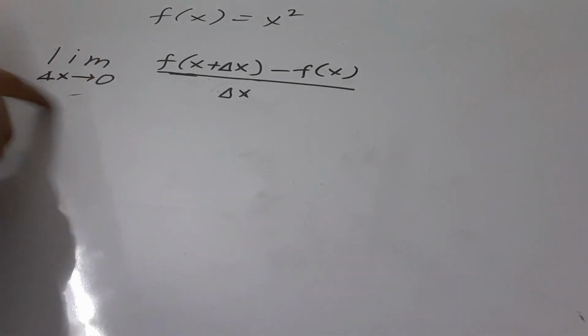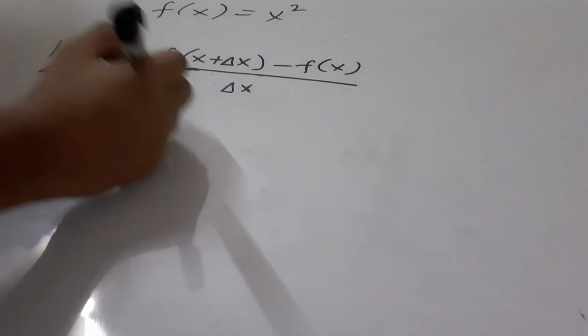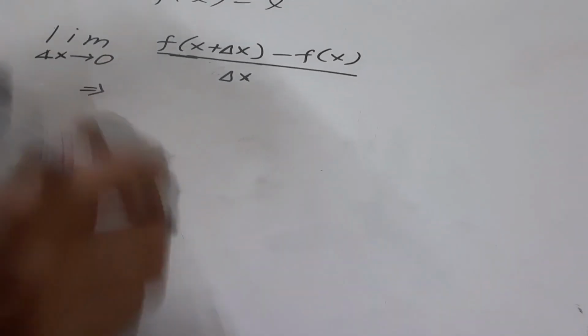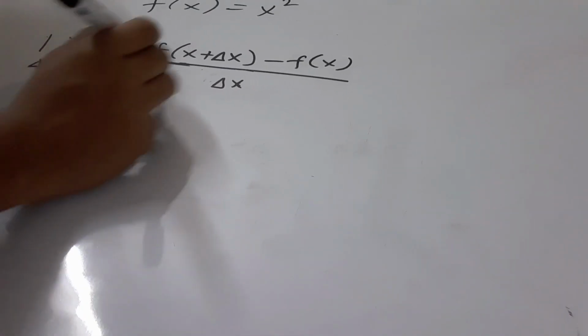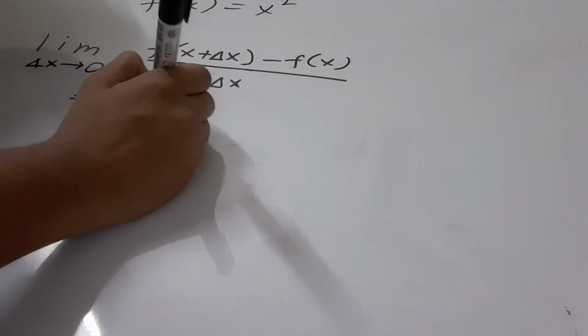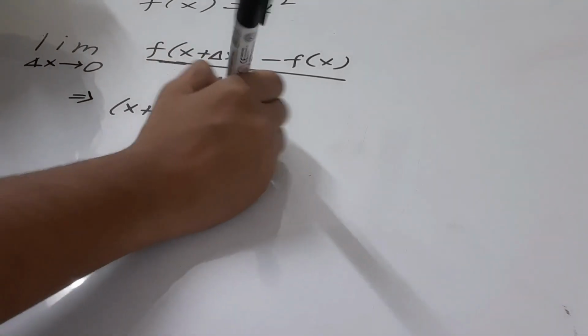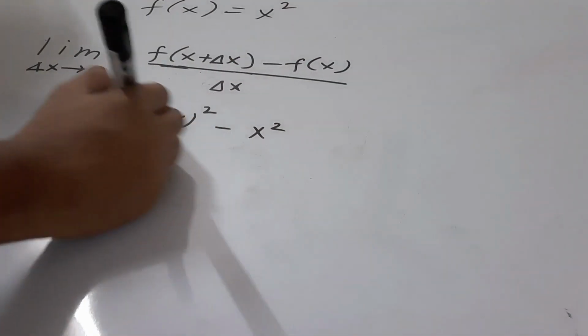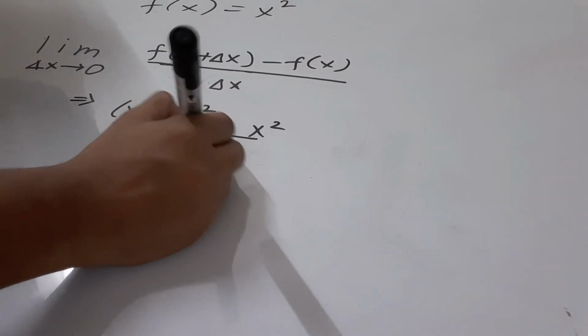Let's see how we can go about this. We know that f of x is equal to x squared. So f of x plus delta x would just be x plus delta x whole squared, minus f of x, which is just x squared, as we talked about here, divided by delta x. Nothing fancy as of now. Let's evaluate this term.